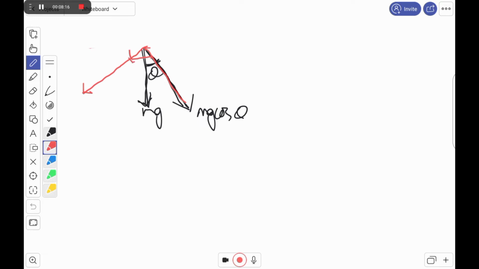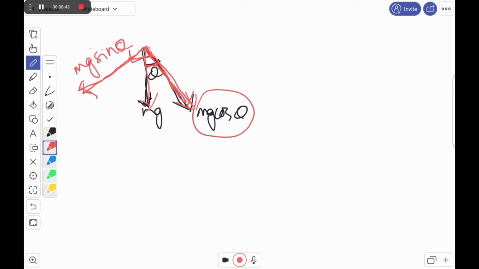So this is now 90. So the sin theta component will be this. mg sin theta. Is it clear? The line adjacent to the angle theta is mg cos theta, and the perpendicular to this line is your mg sin theta. So these are the two components of this vector mg.